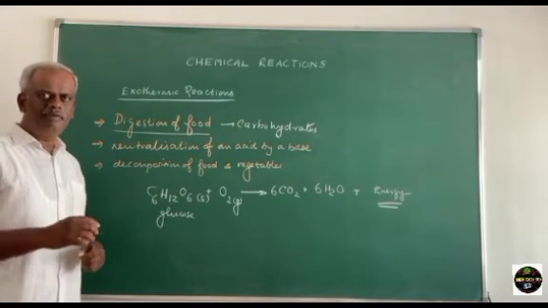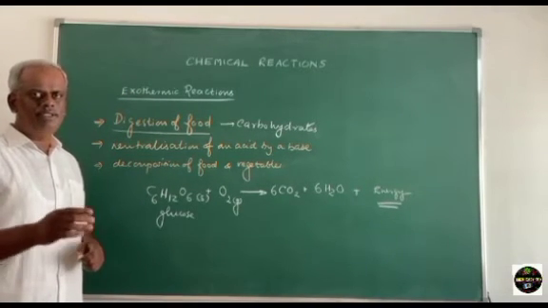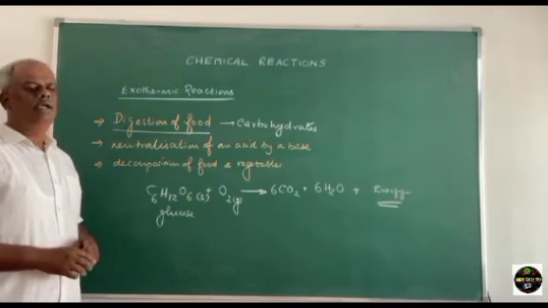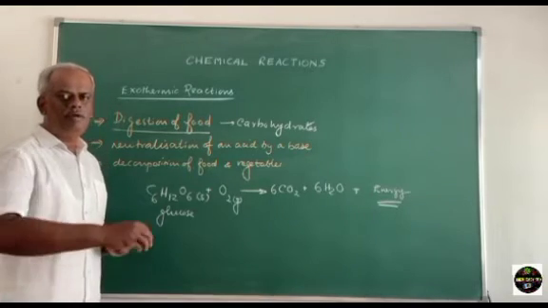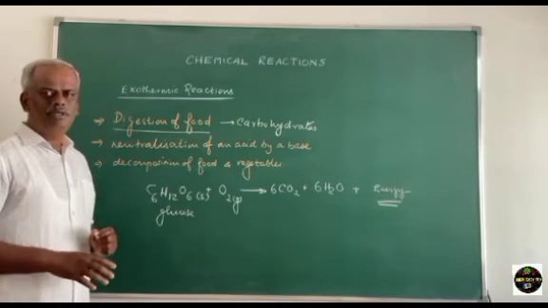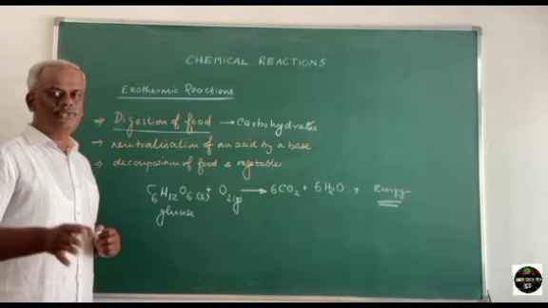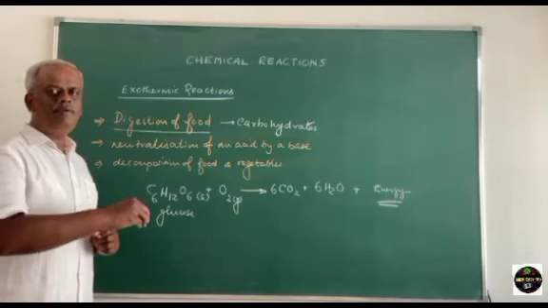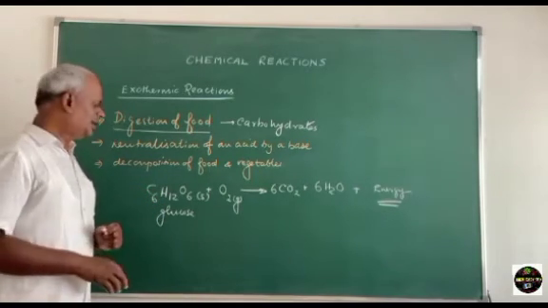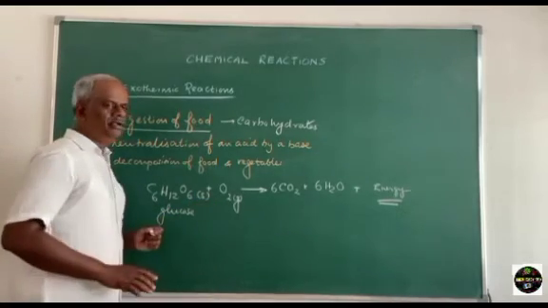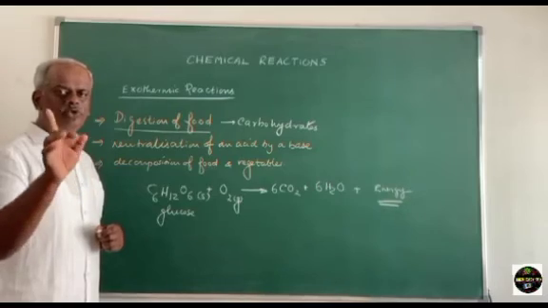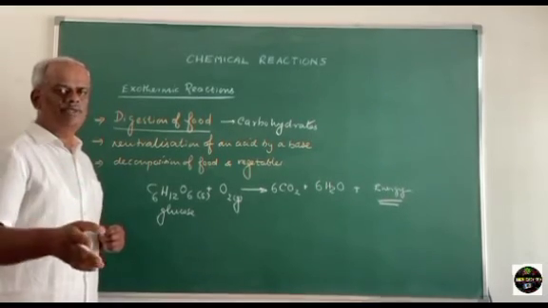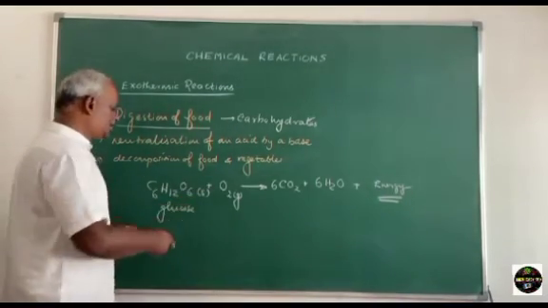During the balancing of a chemical reaction, there is a trick and a step: in the reactant side or in the product side, if any free element is present, that should be balanced at last. Any free element, uncombined element. Here the oxygen is in free state. So don't try to balance oxygen initially. Oxygen should be balanced at last because it is in free state.